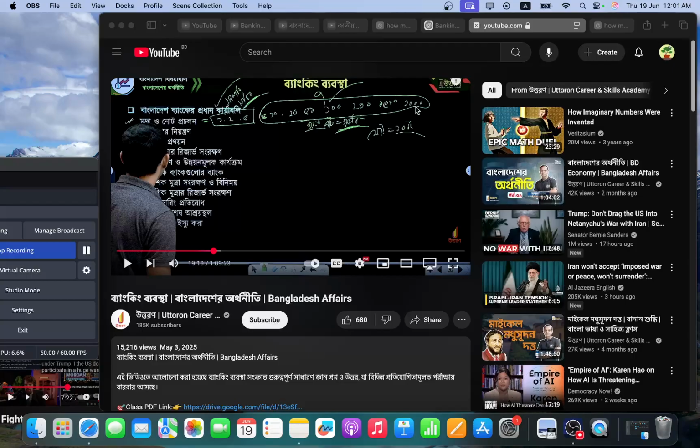No, this is 500, and this is 1000. So there are a total of 10 notes, and these 7, from 10 to 1000, are signed by the governor, and these 3, 1 to 5, are basically government notes, signed by, I think, whoever runs the finance ministry, who knows.